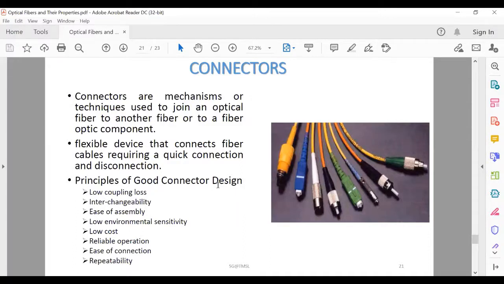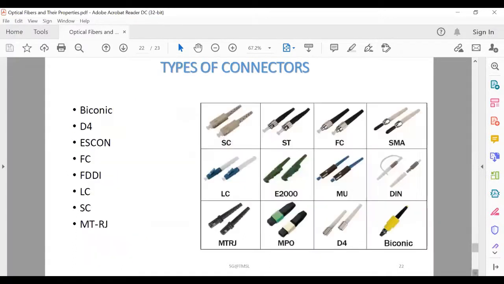So common optical fiber connectors include these types of connectors: biconic connector, D4 connector, ISCON, FC, FDDI, LC connector, SC connector, MTRJ connector.